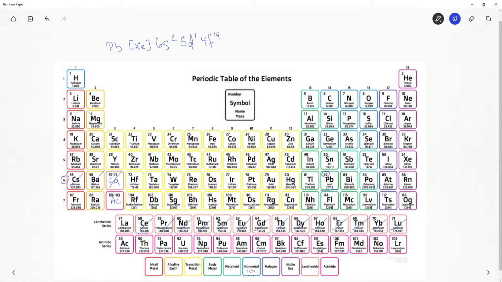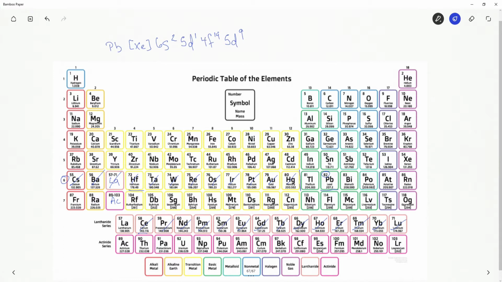Now I move back to hafnium right here. So I'm back in my 5ds. I'm just going to keep on counting across. 1, 2, 3, 4, 5, 6, 7, 8, 9.